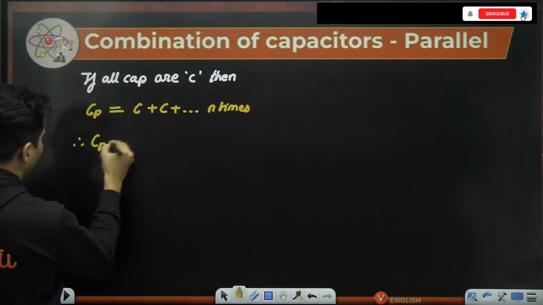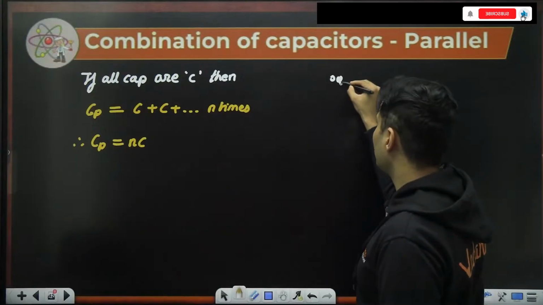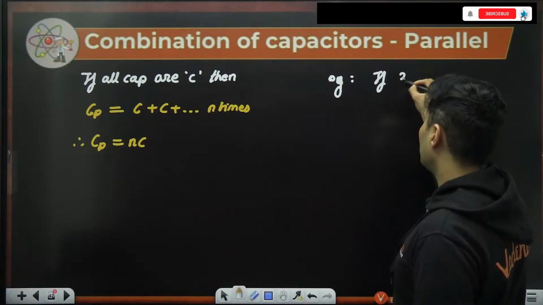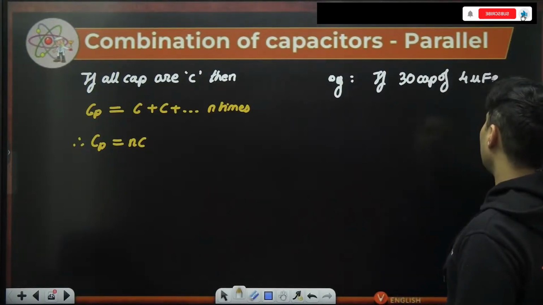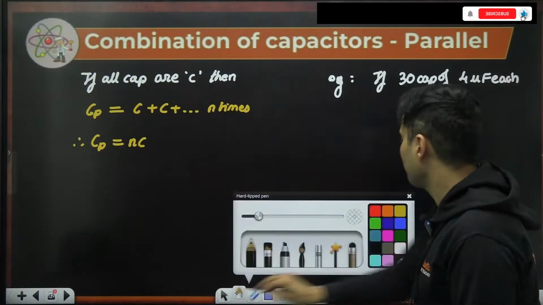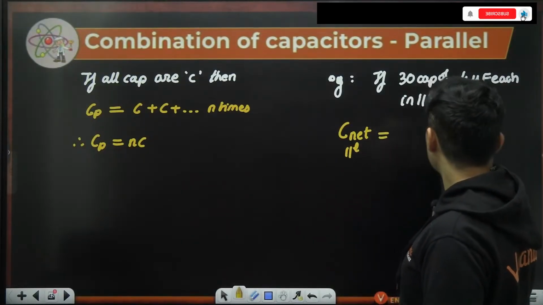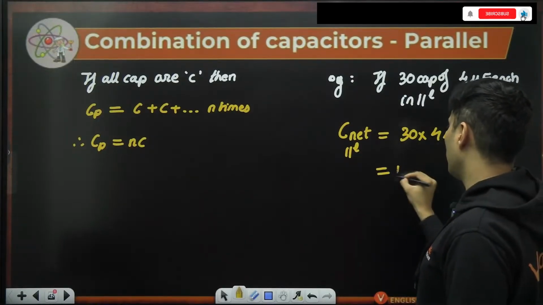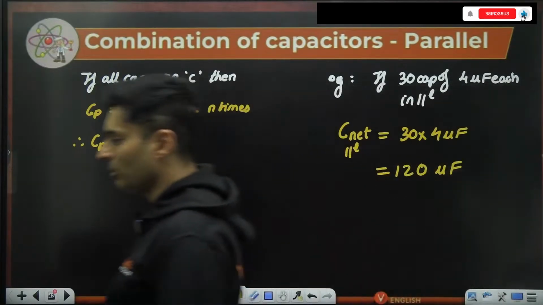So therefore, the net capacitance will be n times C. Just to give you an example of this, if there are 30 capacitors of 4 microfarad each in parallel, then to find the net capacitance, just take the number of capacitors and multiply by 4 microfarad. 30 times 4 is 120 microfarad. That is what the answer will be.